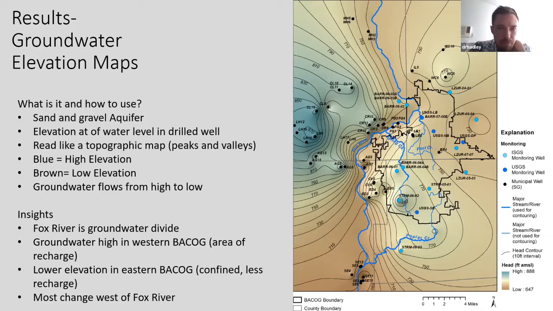But as I understood it, there was a relationship between the aquifers and what the water levels are to the west of us and how water is being used to the west of us, and that there would be an effect on water levels on the east side of the Fox, including Barrington Hills, Lake Barrington, and South Barrington, Barrington.